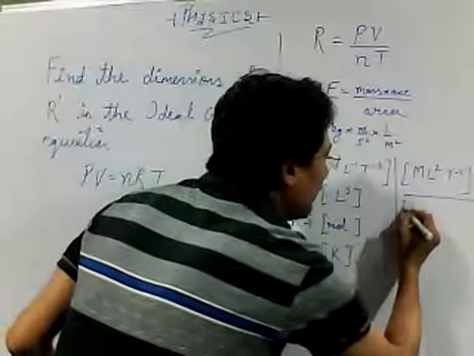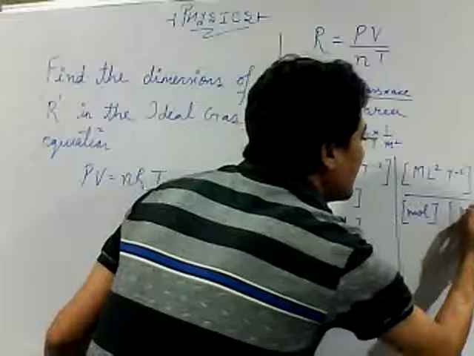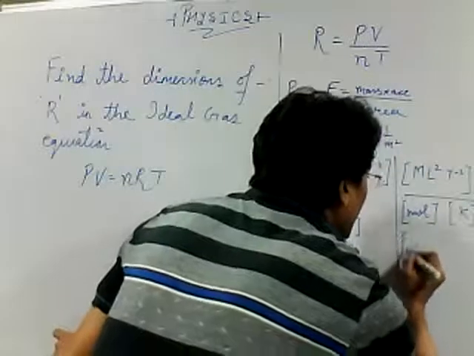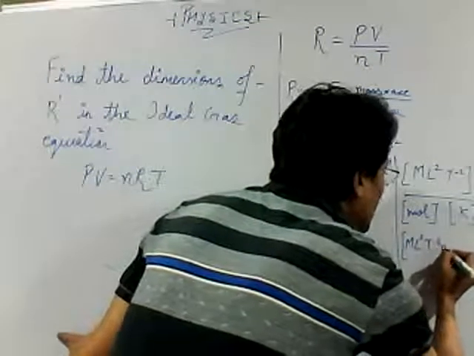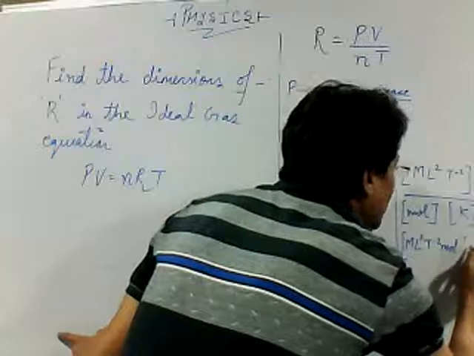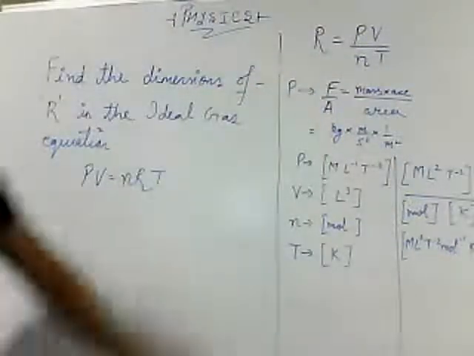So this is moles and this is K, so this goes into the denominator. What I am left with is M L2 T minus 2 mole minus 1 K minus 1. This will give the dimensions of the universal gas constant.